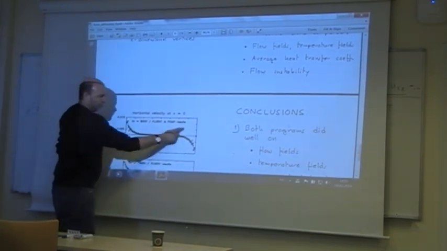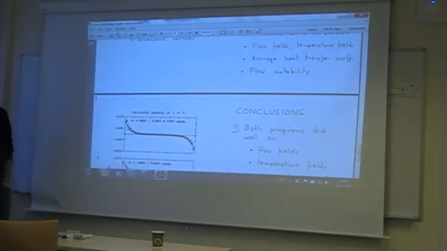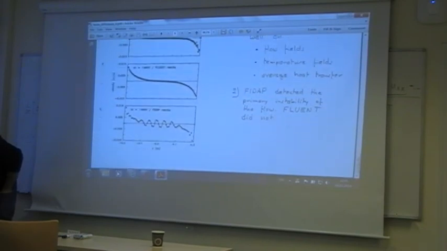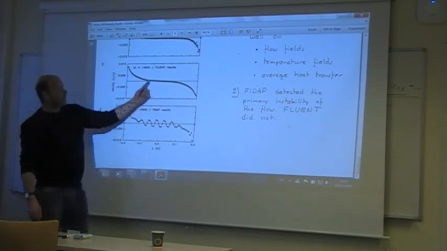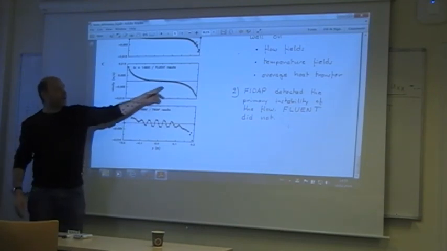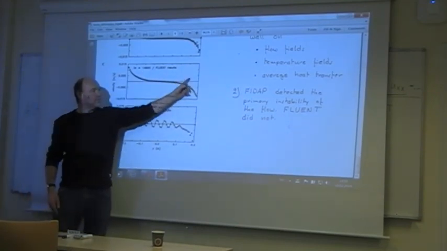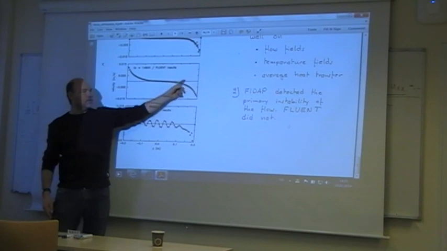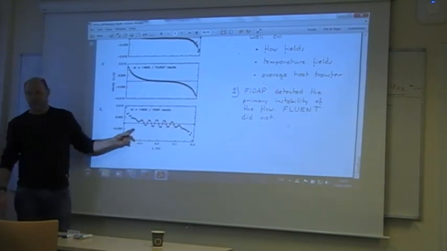Just one vortex, as you should. And both programs agree fairly well. But for 15,000, it's quite embarrassing for Fluent actually. It got this one. It smeared out everything and got one big vortex and claims that this is the solution. This was the FEEDUP solution, and this one is correct.